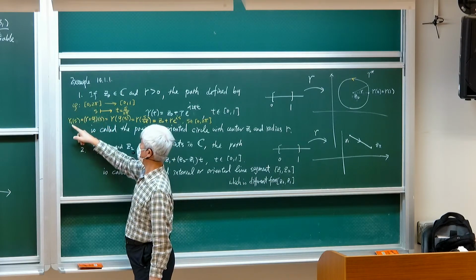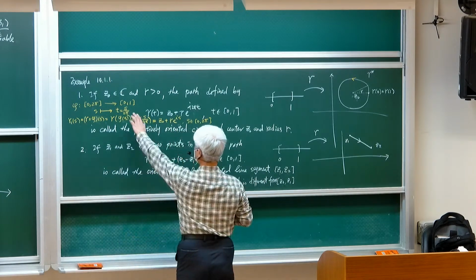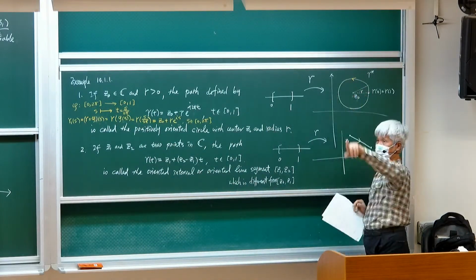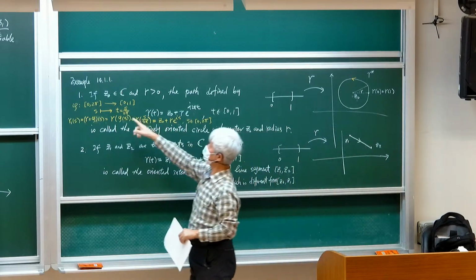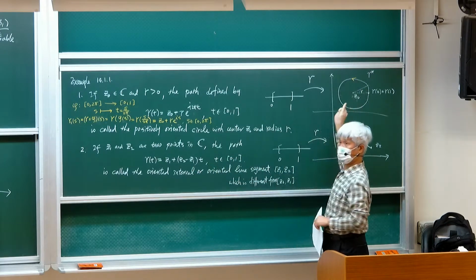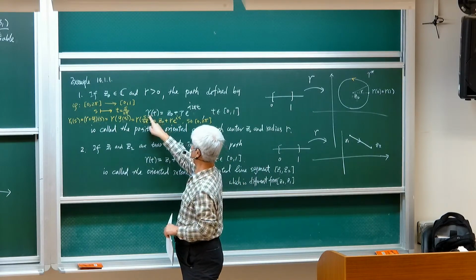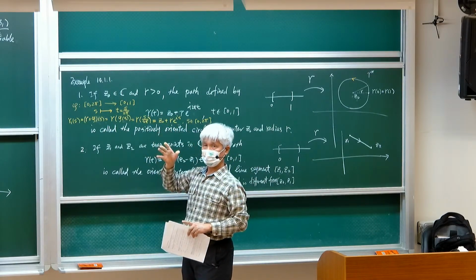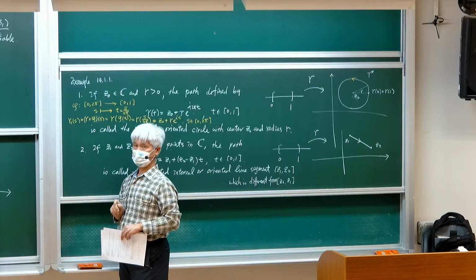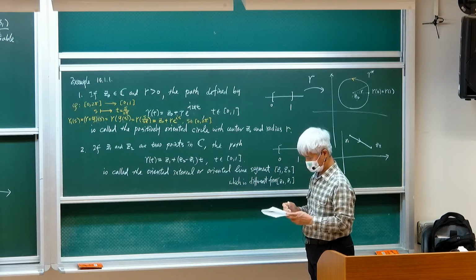The speed of gamma 1 is slow, because in one time unit you have to move one circle, but here you take 2 pi minutes to travel one circle. So with this parameterization the speed is higher than the speed with gamma 1. Other questions?